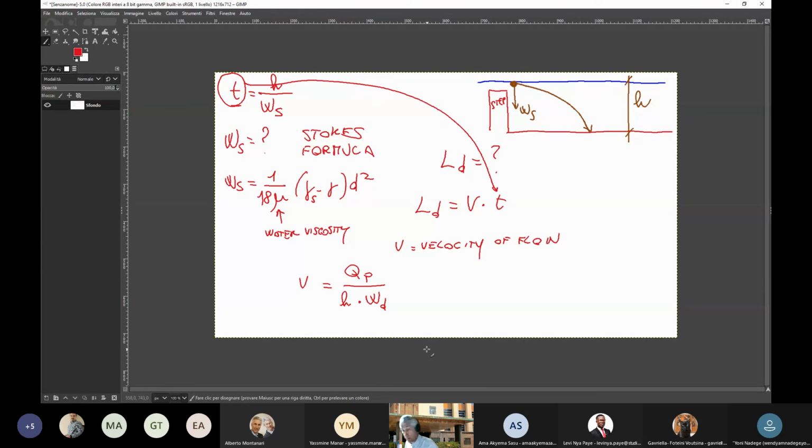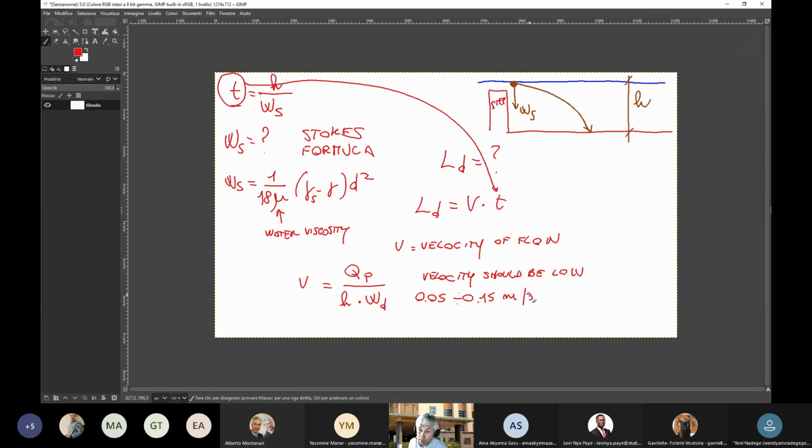First, let me say a couple of considerations before I close. The velocity should be low. The lower the velocity, the shorter the sand trap. And the order of magnitude is something like, I would say, 0.05 to 0.15 meters per second. This is the order of magnitude of the velocity.